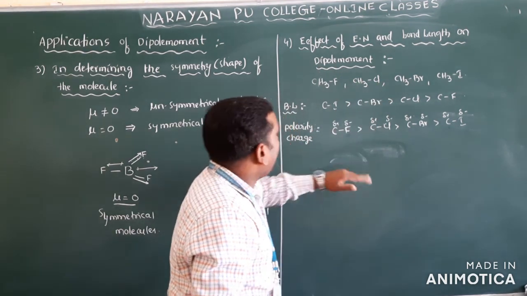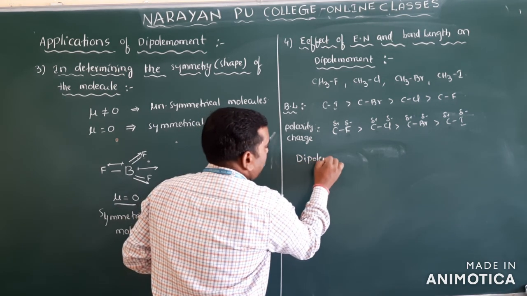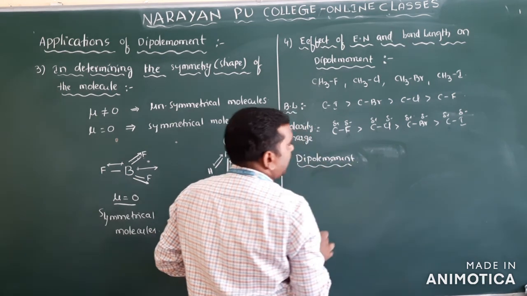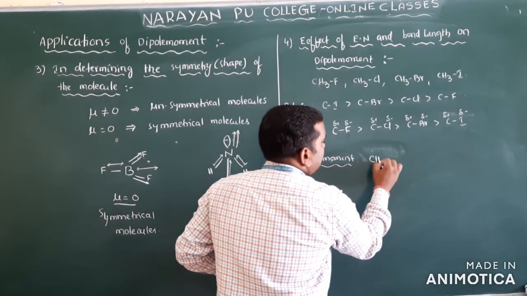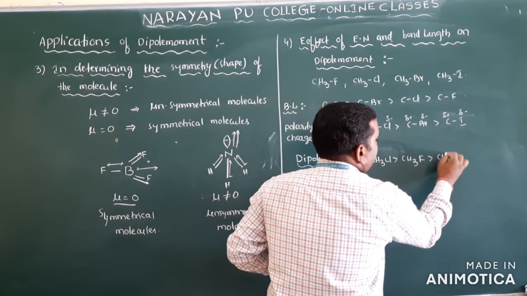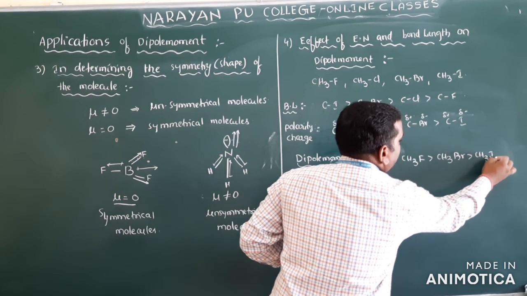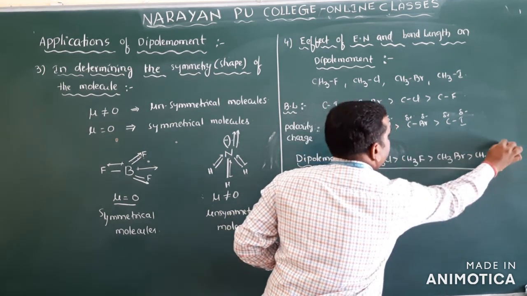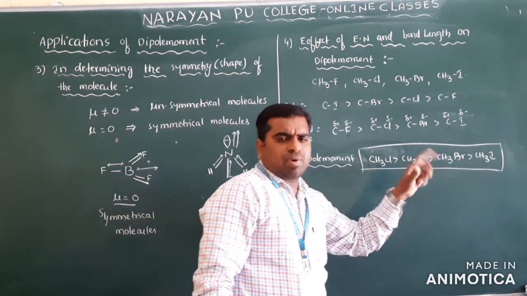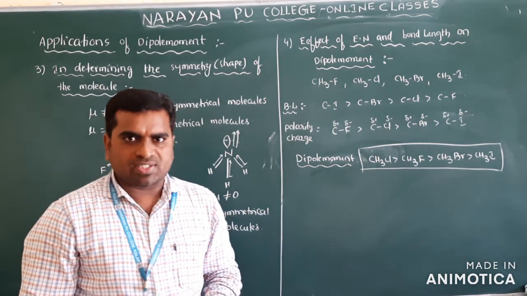So what is the dipole moment order? You have to remember this order. Here CH3Cl is greater than CH3F is greater than CH3Br is greater than CH3I. We might think chlorine is a highly electronegative atom, and the greater the electronegativity, the greater the dipole moment, but not so.